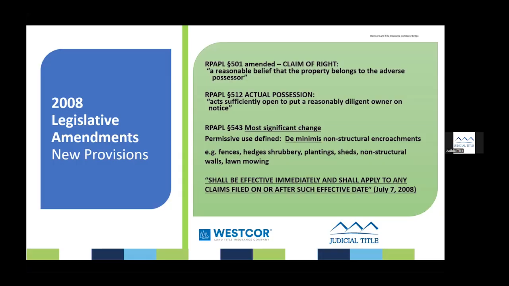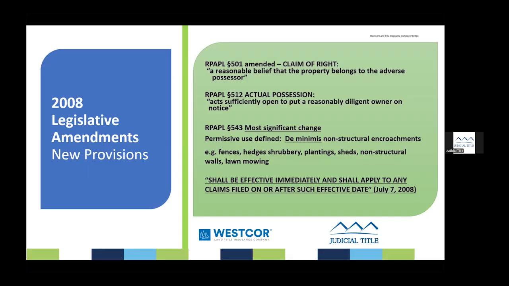So it provides that the existence of de minimis non-structural encroachments, including but not limited to fences, hedges, shrubbery, plantings, shed, non-structural walls, shall be deemed to be permissive and non-adverse.